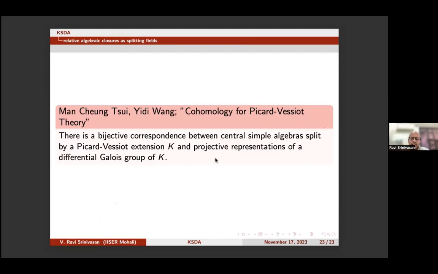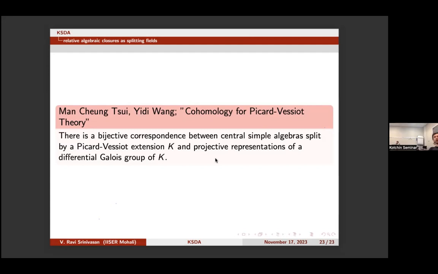Similarly, there is this differential setup here. So given a projective representation, they have associated a central simple algebra that is split by K. From the projective representation, one can construct it. So that is the bijection.